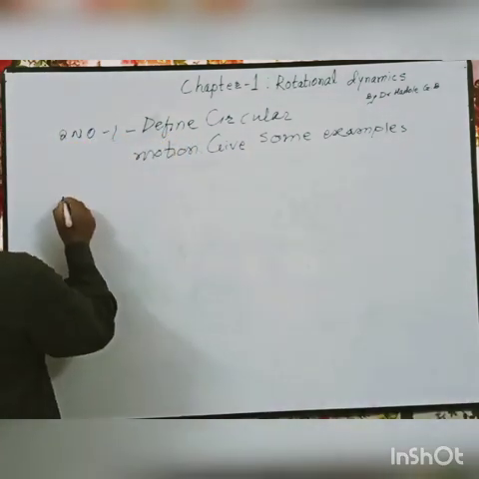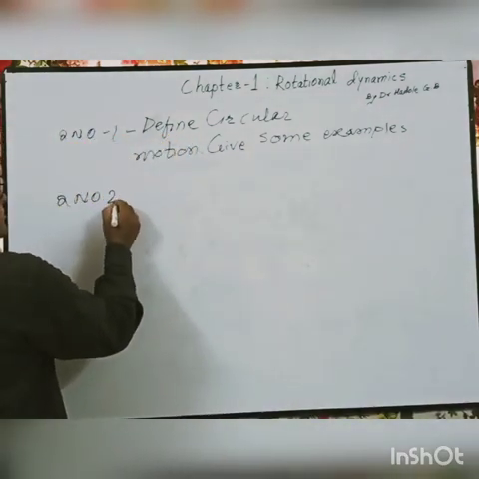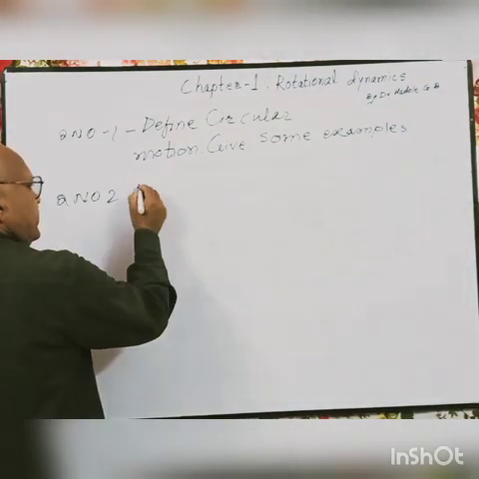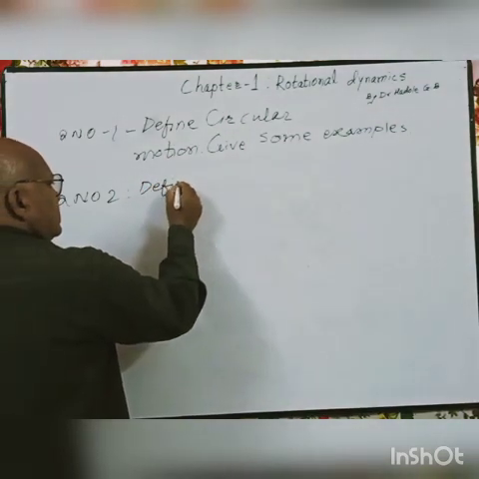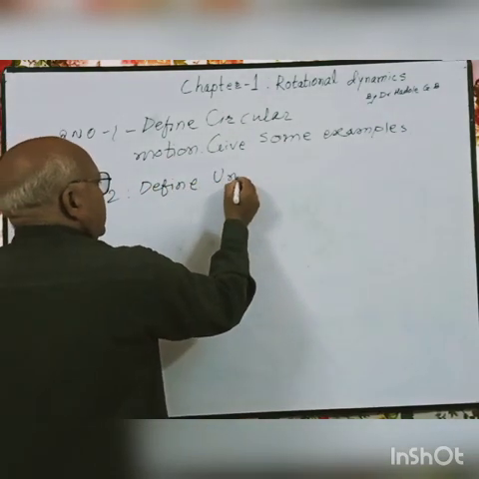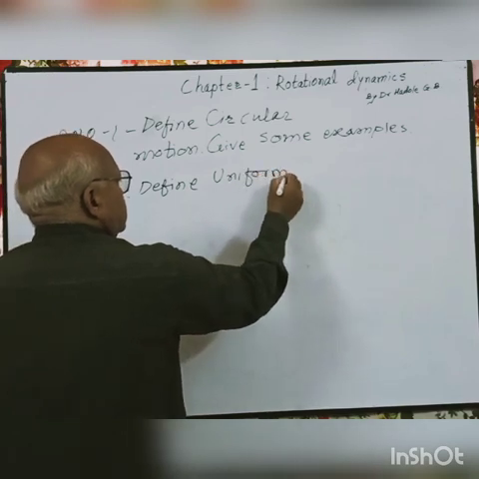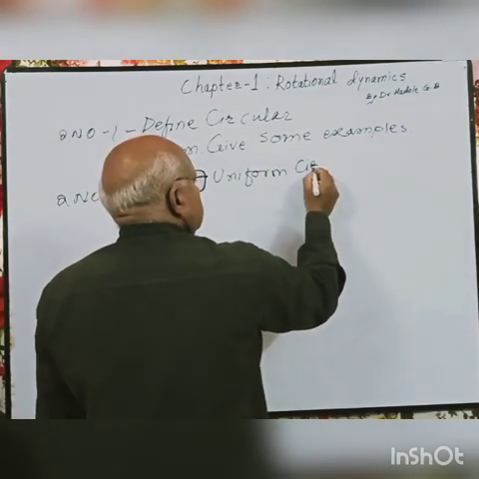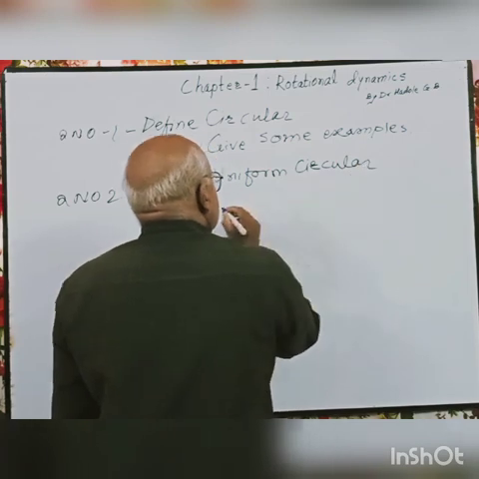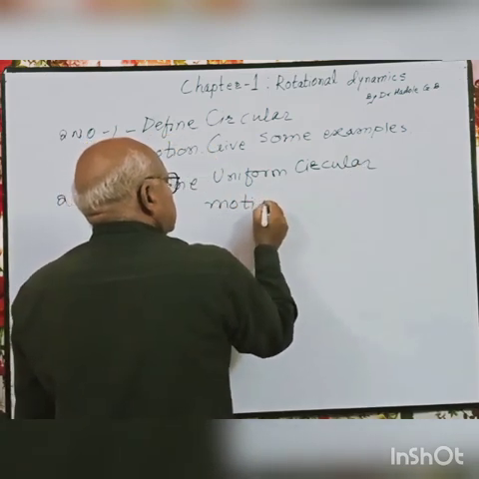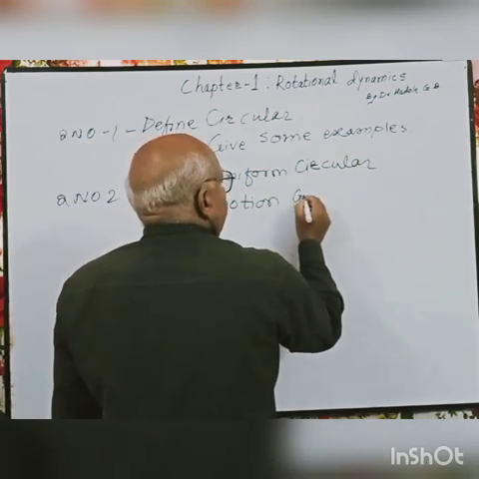Next, question number 2. Define uniform circular motion. Give some examples.